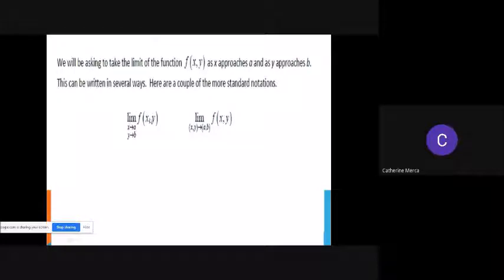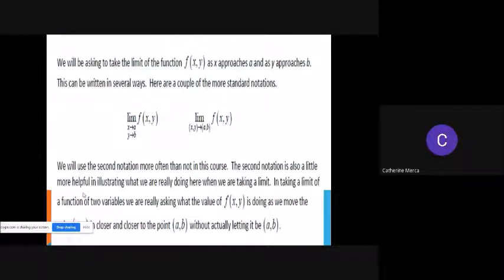We take the limit of the function, this time in two variables, as x approaches a and at the same time y approaches b. Or the other notation, which I prefer to use, is the limit of the function f of x,y as (x,y) approaches (a,b). You can use either, but most of the time I prefer to make use of the second notation.